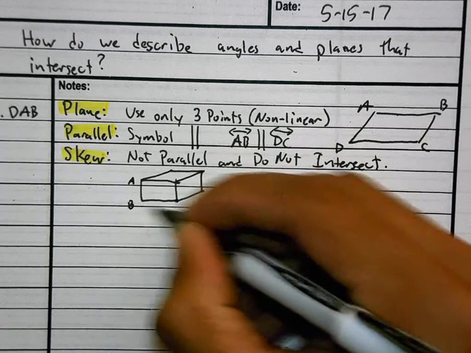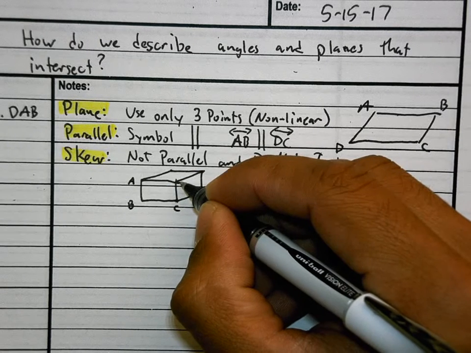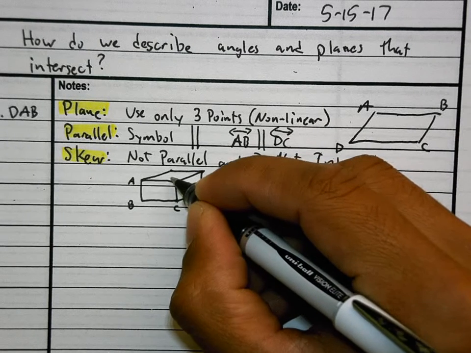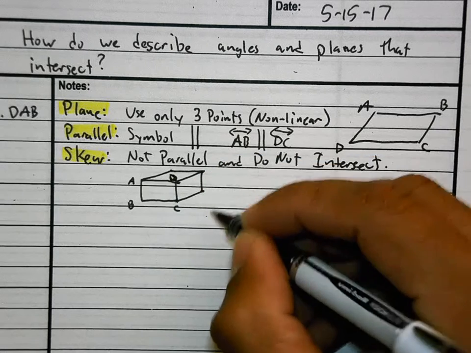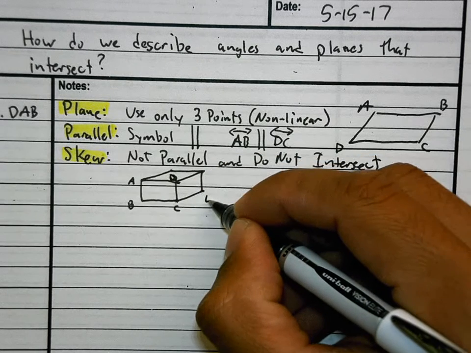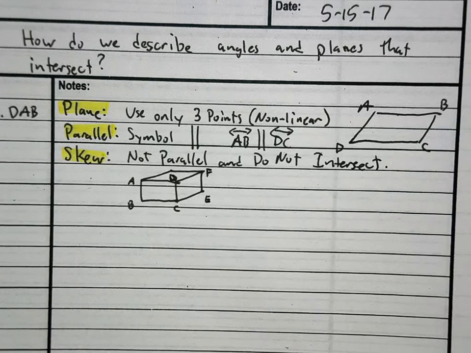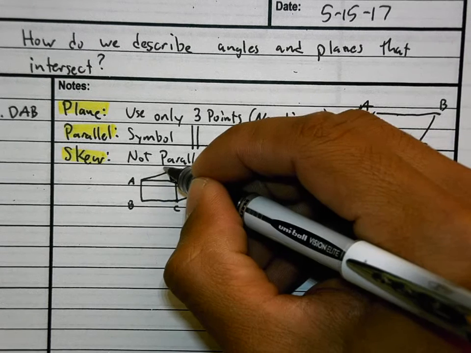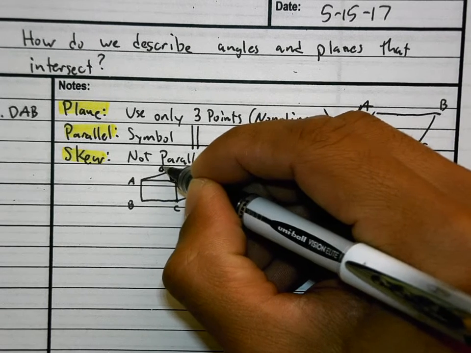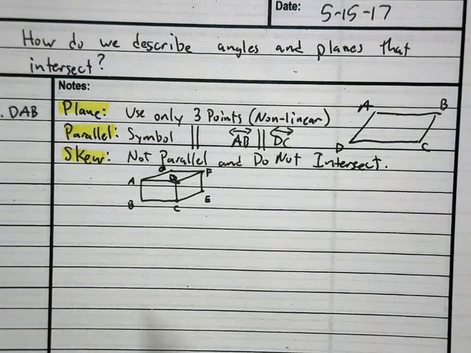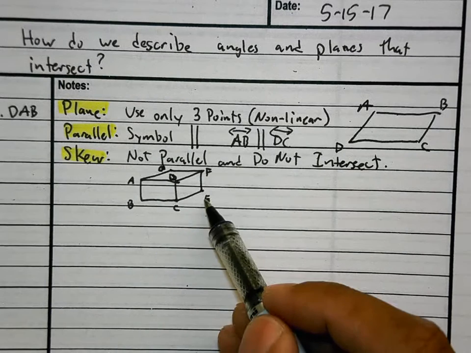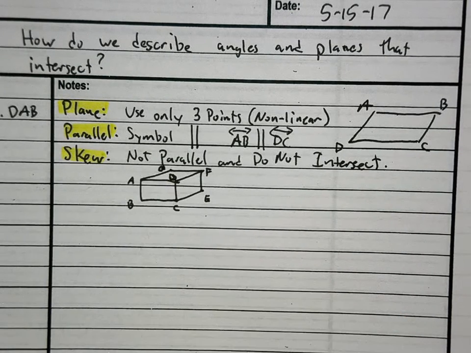A, B, C. I'll put D right here on this corner. I'll put E, F over there. And I can still see G. I'll squeeze it in right there. A, B, C, D, E, F. G is the back top left corner.